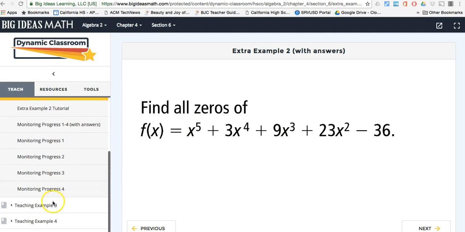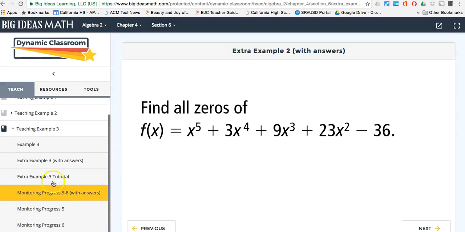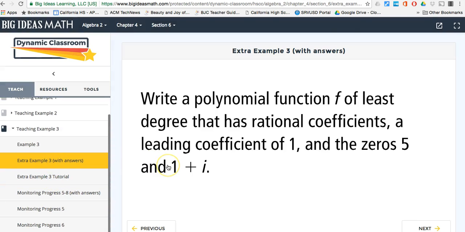The other one I want to talk about is our conjugate root theorem. Now again, you learned this last section, but I just want to repeat it.